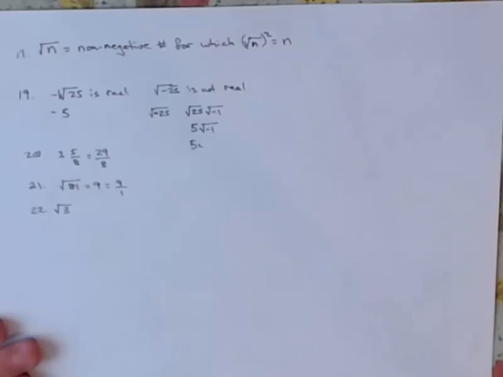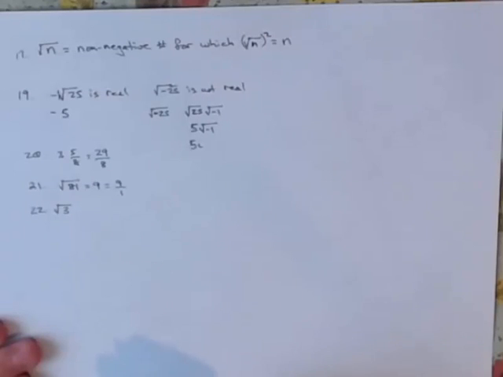Numbers 23 through 26, it looks like, ask the same basic question. Is the set closed under the given operation? And give an example showing clearly why your answer is correct. Number 23. Negative numbers under addition.